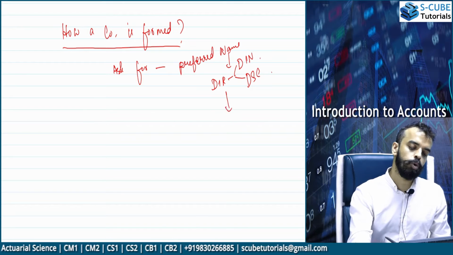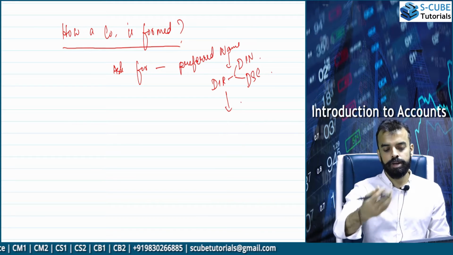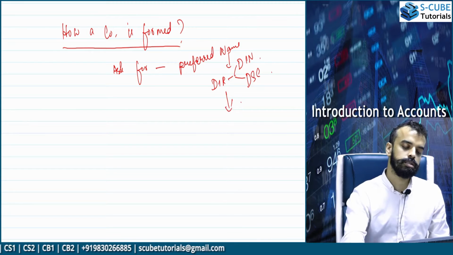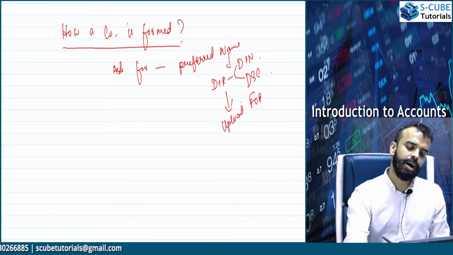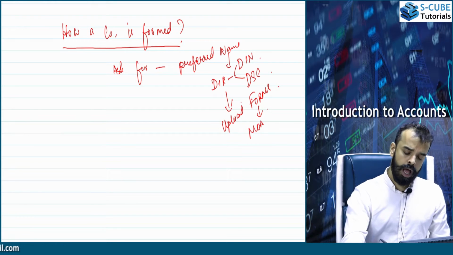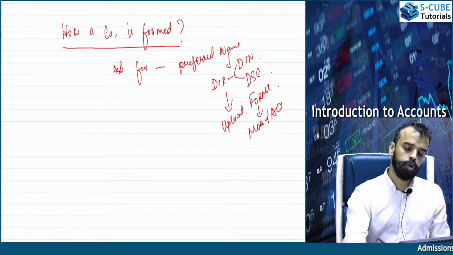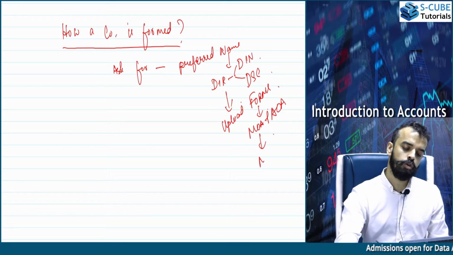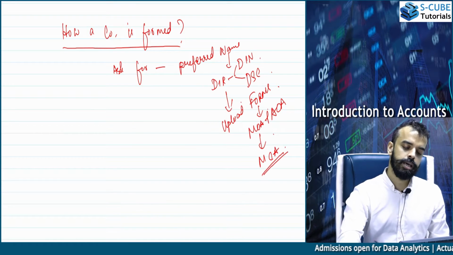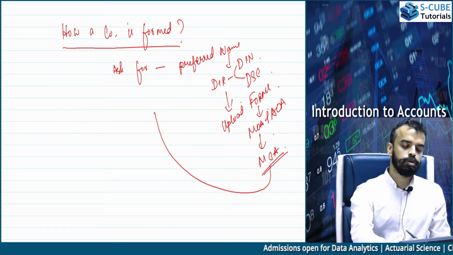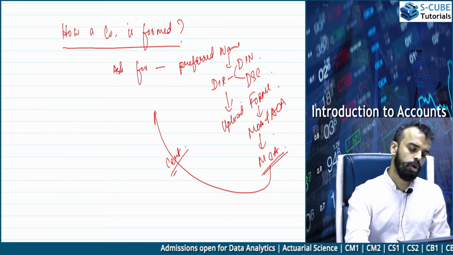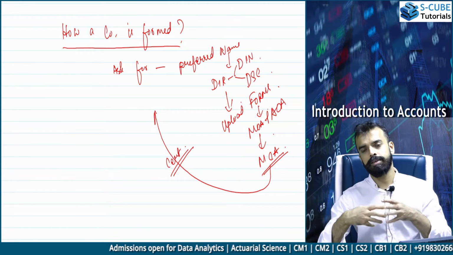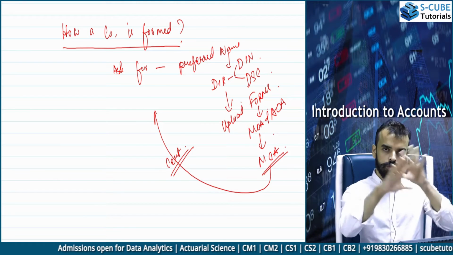Then we upload forms on behalf of the company with the signatures of the directors, registration forms and everything, and the memorandum and articles of the company which we draft, on the website of the Ministry of Corporate Affairs in India, MCA. MCA will get back to us with a certificate, and that certificate will constitute our incorporation.